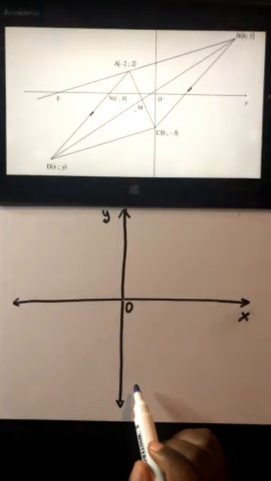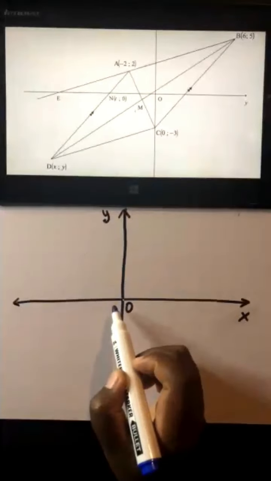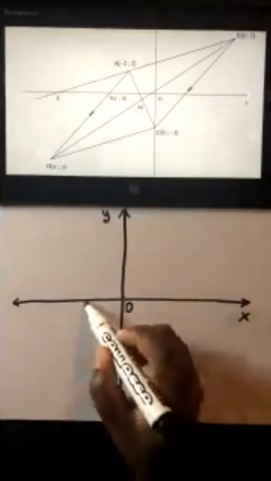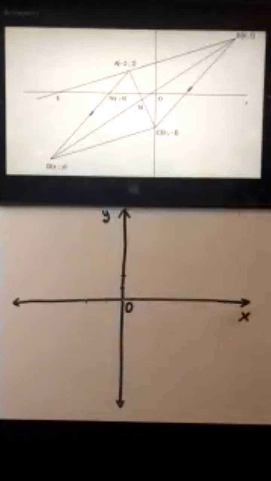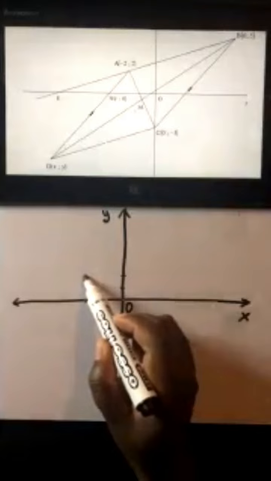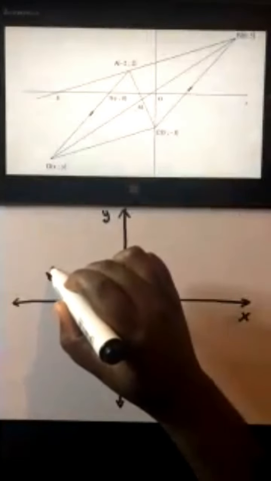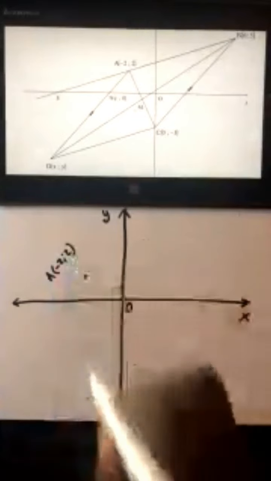So now let's start with point A. That's obviously where we've got -1, -2, 1, 2. So that means we are going to have a point somewhere there, which is point A, ladies and gentlemen, where we've got -2 and 2.